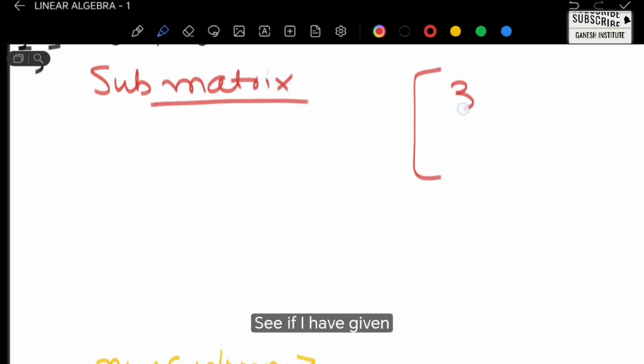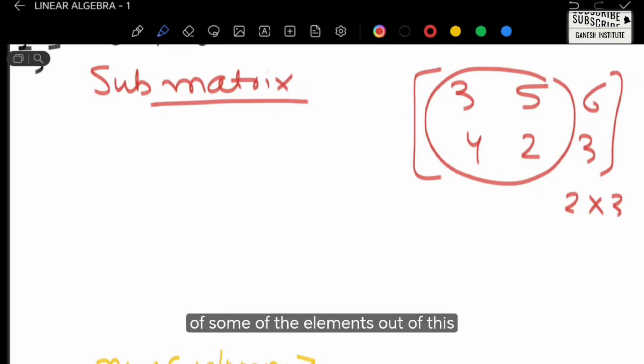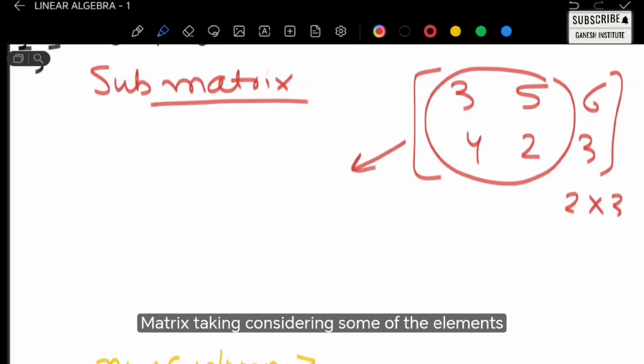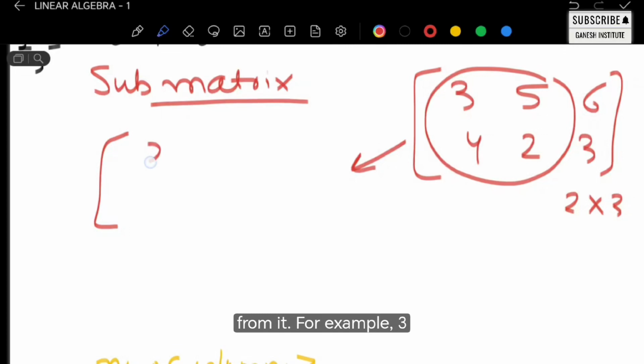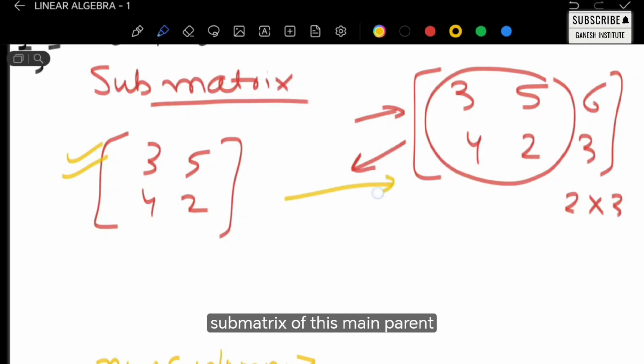See, if I have given you a particular matrix, this is a rectangular matrix of order 2 by 3, 2 rows, 3 columns. Can I make a matrix out of some of the elements of this matrix? For example, 3, 5, 4, 2. So this has been brought out from the main matrix, correct? So this is called a submatrix of this main parent matrix.